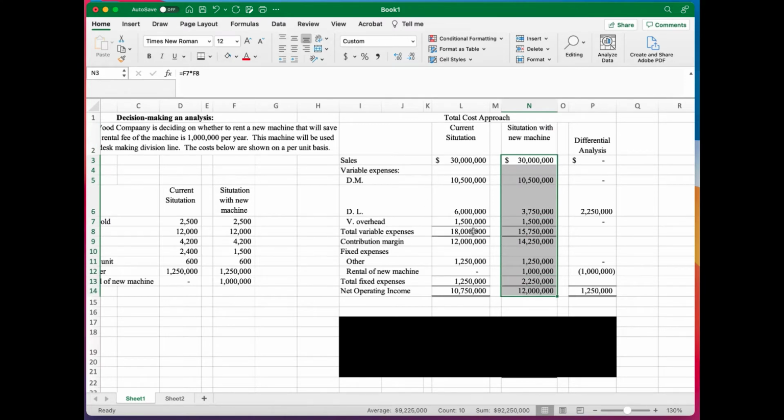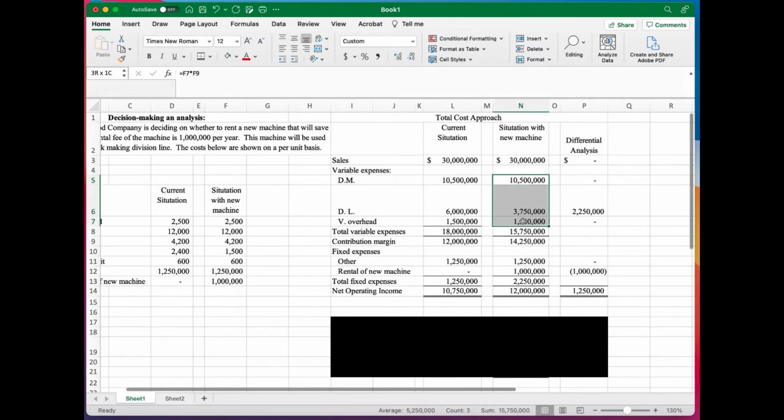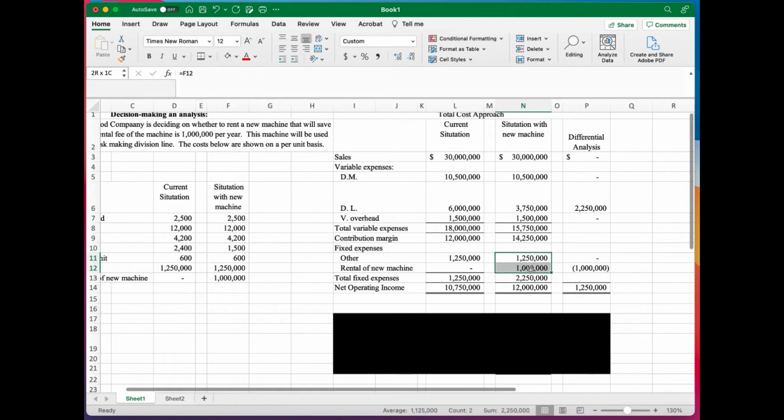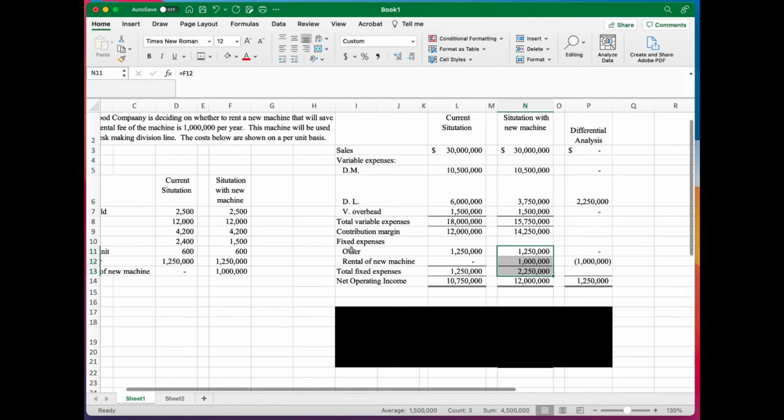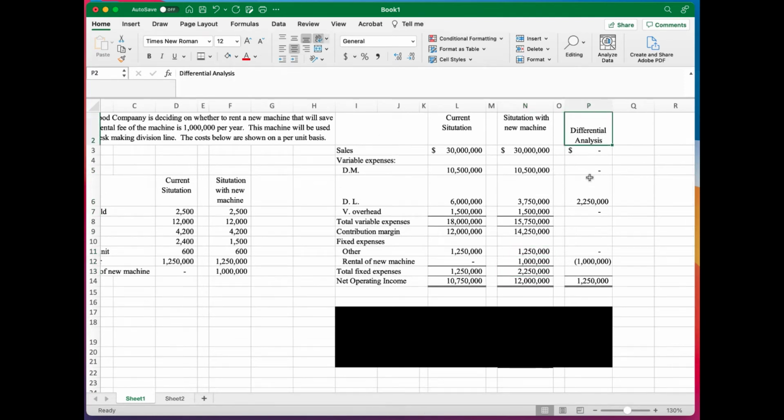Keep in mind, we're still looking at a contribution format income statement because we're grouping our variable expenses and grouping our fixed expenses. Okay? Now, notice we have this different column here. So, what we're going to do is look at the dollar figures under each situation.